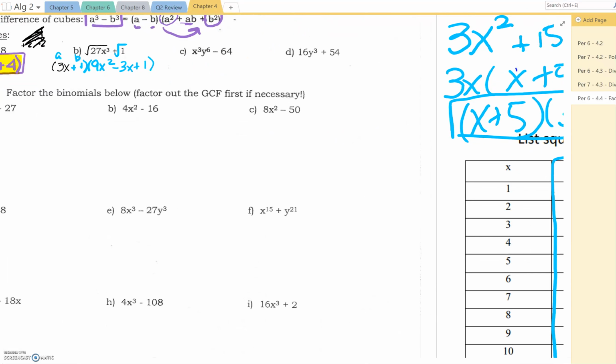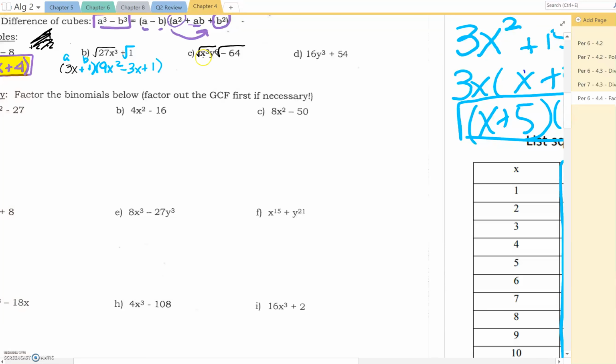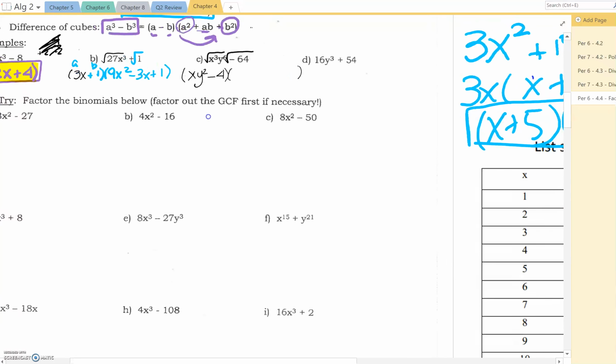Letter C, you're taking the cube root here and the cube root here, and it's this difference of cubes. So the cube root of x to the 3rd is x. The cube root of y to the 6th is y squared. That's your first term, minus the cube root of 64, which is 4. Then you apply the formula.